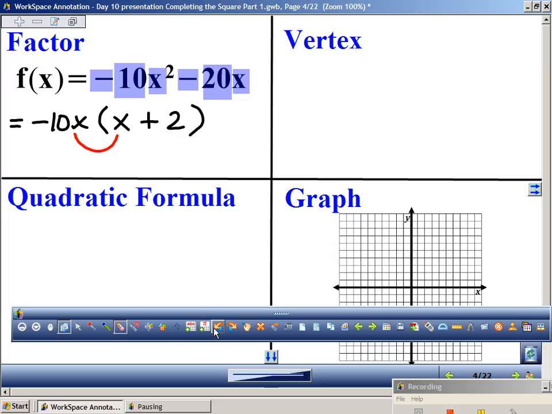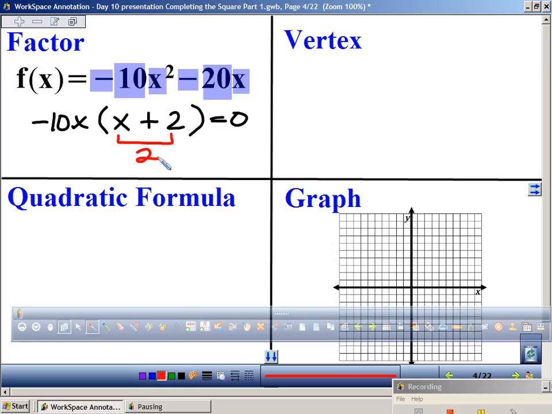From that, I have two things. If this is all equal to 0, which is what we want, we want y to be 0. We're trying to find roots, right? So we want the y-axis to be 0. I would say y is equal to 0 when x equals -2, correct?